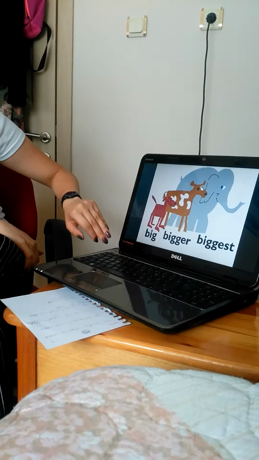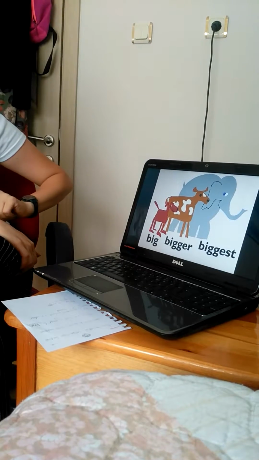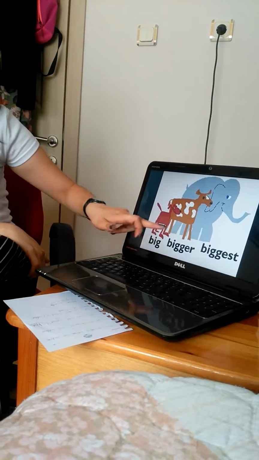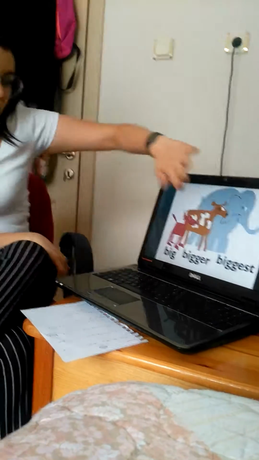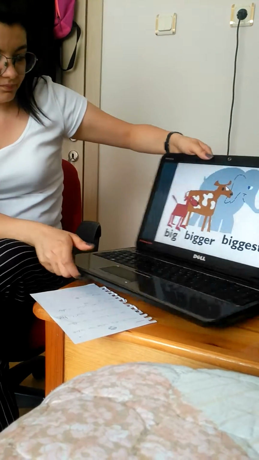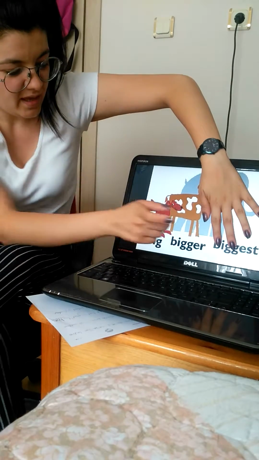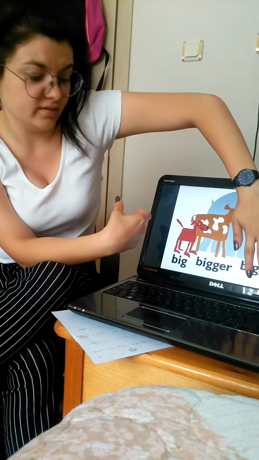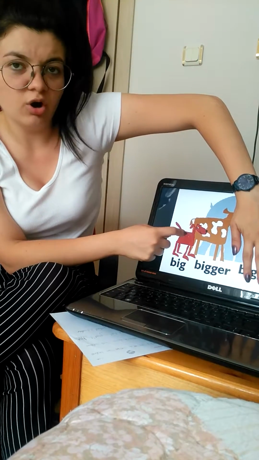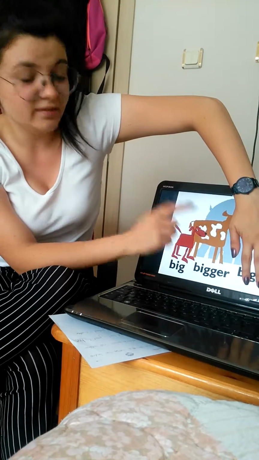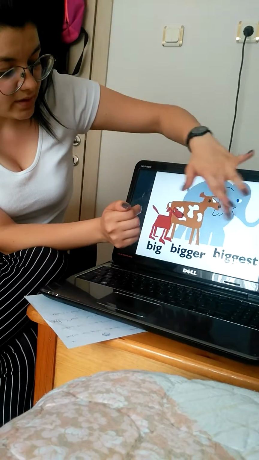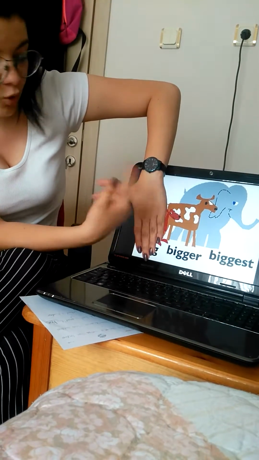I ask you a question before the PowerPoint. Big. What is big? What is bigger? What is the biggest? Look at the cow and dog. Cow is bigger than dog, right? Yes. Dog is smaller than a cow, right? Yes. But we can compare again.